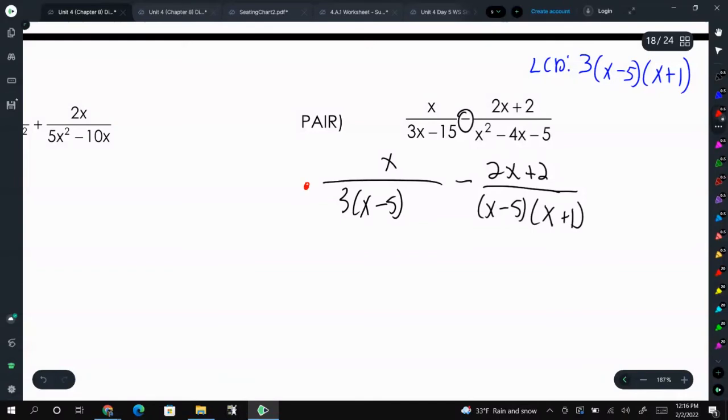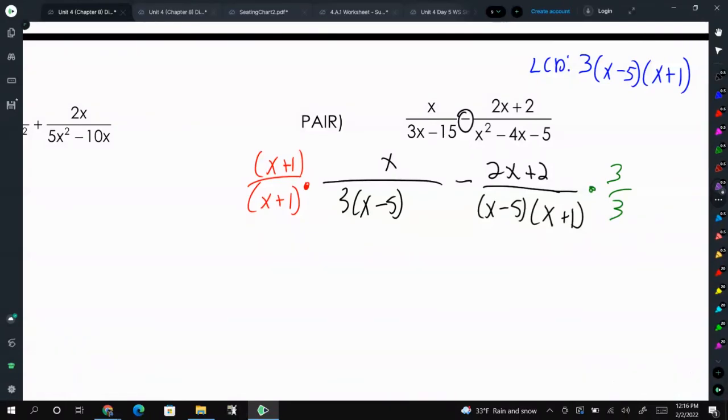And then we go and multiply the first fraction by what's missing, which is going to be x plus 1 over x plus 1. And then we're going to do the same thing for the other fraction, multiply by what's missing, which is just 3 over 3. Distribute the top, but the bottom I'm going to leave in factored form.